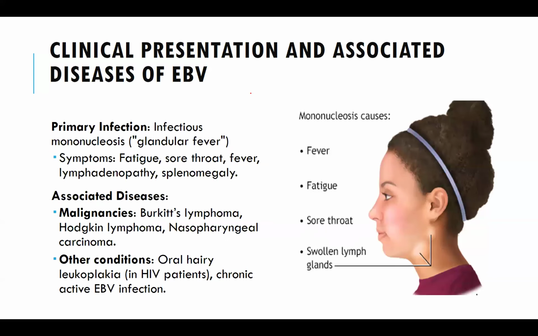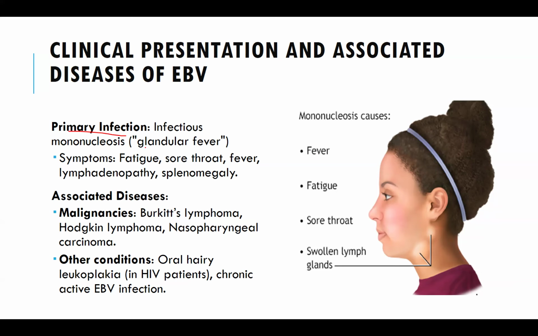The clinical presentation of Epstein-Barr virus infection can include a lot of conditions, but of dermatological importance, we have infectious mononucleosis, presenting as the primary infection of EBV. This condition is also called glandular fever, or the kissing disease.